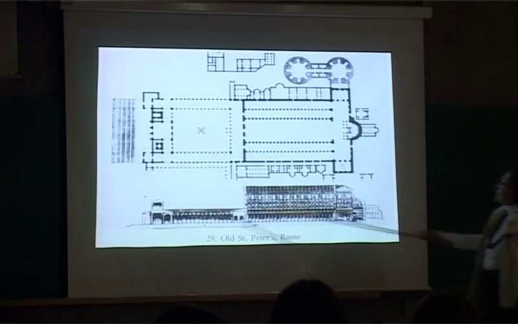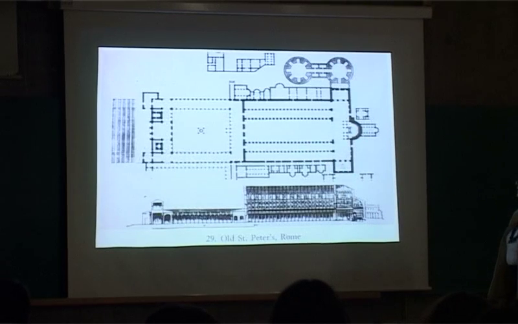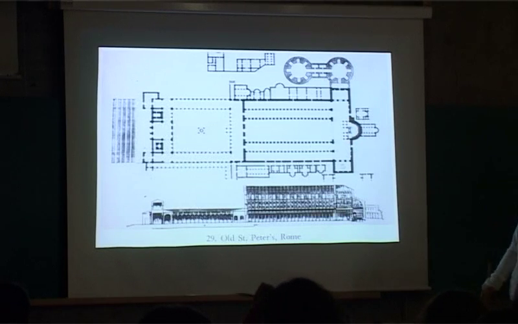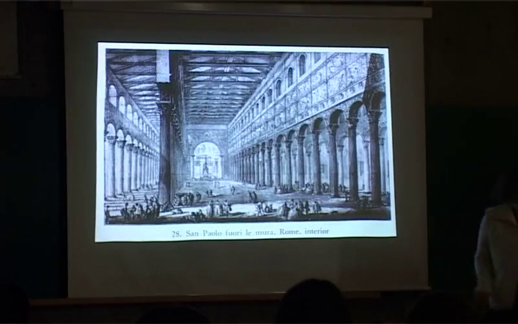Here you see again a closer view of St. Peter's, which was added on in later centuries, becoming the huge structure that we know today. But this was the original foundation of St. Peter's.